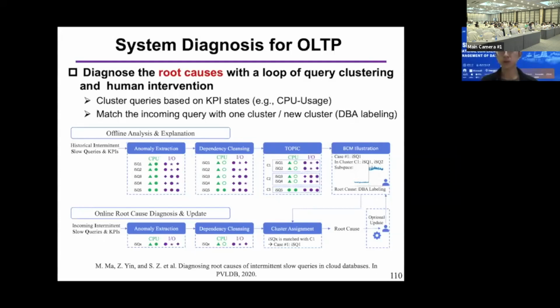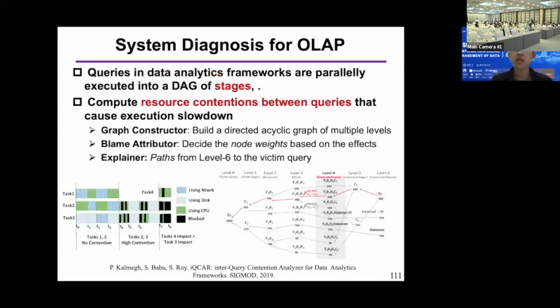However, this method cannot prevent potential database failure. So another method is the system diagnosis for OLAP. Queries in analytic workloads are executed in parallel, which can be modeled as a DAG of stages.